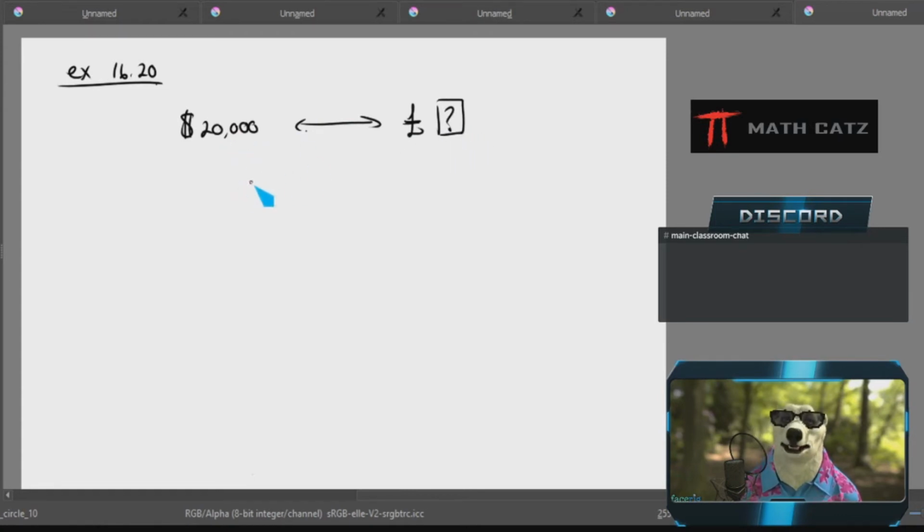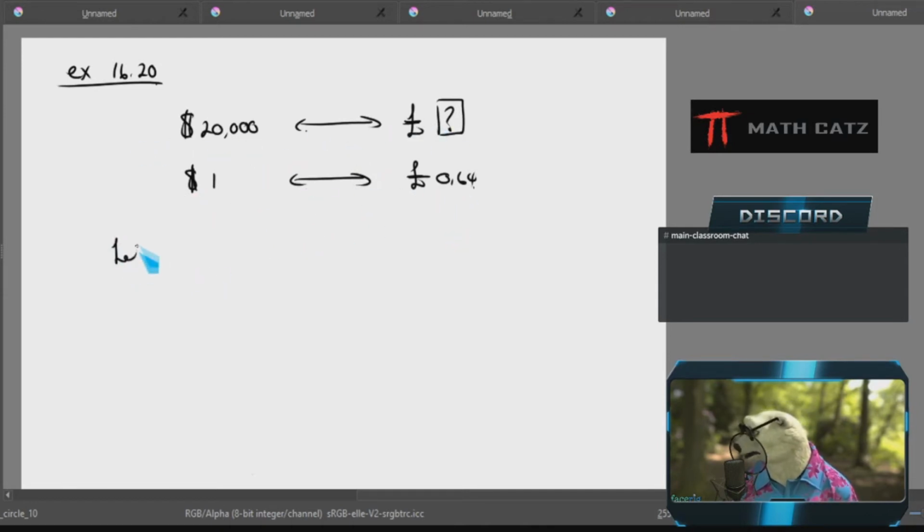I need a reference pair somewhere. Well, it says $1 I get 0.64 pounds. That's my reference pair. It doesn't matter if it's second. I just need both. I still have my symbol, my question mark in a box variable, and that's going to represent the value of the car in pounds.